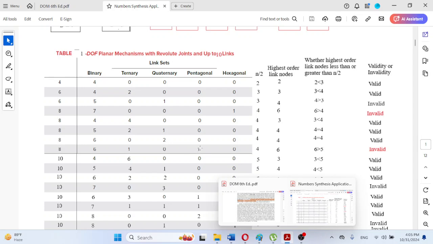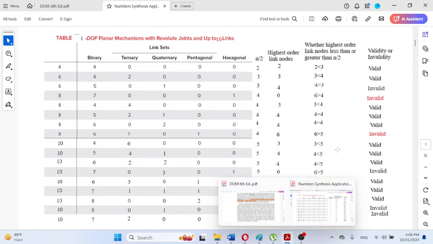Here I mistakenly wrote 6; it must be 5. There is a typing mistake. So 5 is greater than 4, and that is also an invalid set.